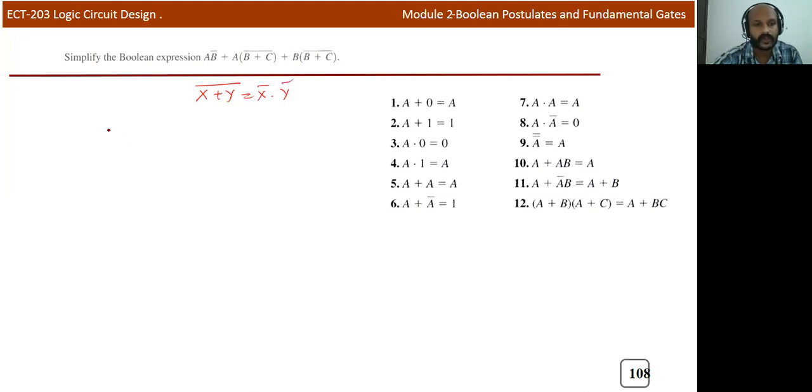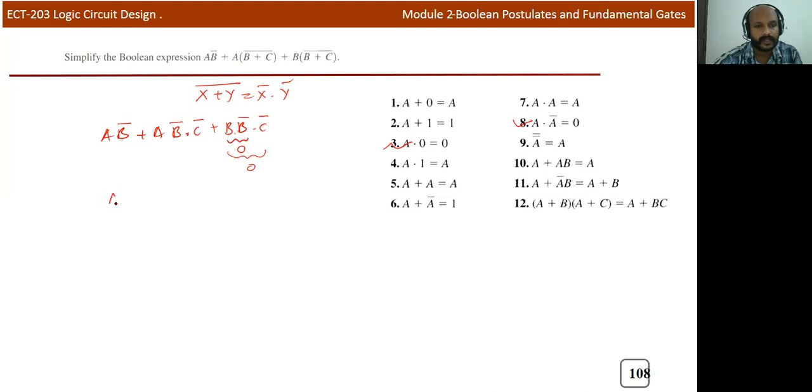So by applying this rule here, we can write a b bar plus a into b bar into c bar plus b into B bar into C bar. So now we can see that there is a term B into B bar. B into B bar is something like rule 8, which is equal to 0. So if you perform AND operation with 0, you will get the answer 0. So the entire term becomes 0.